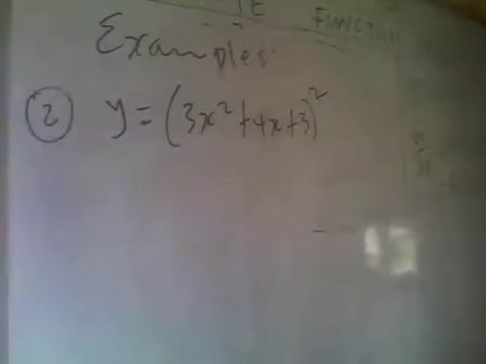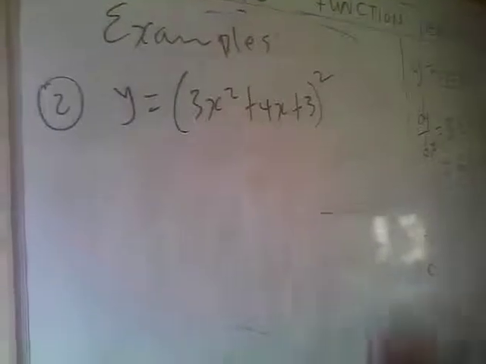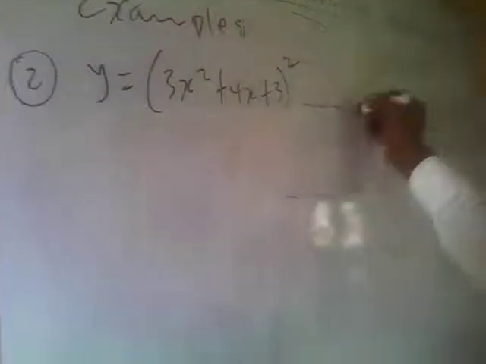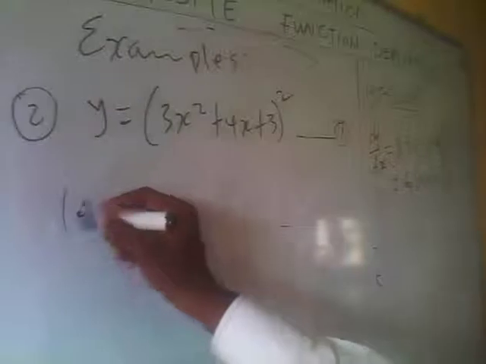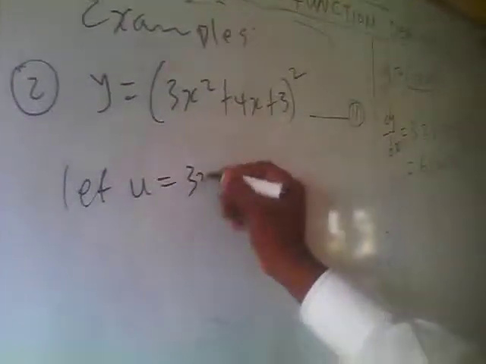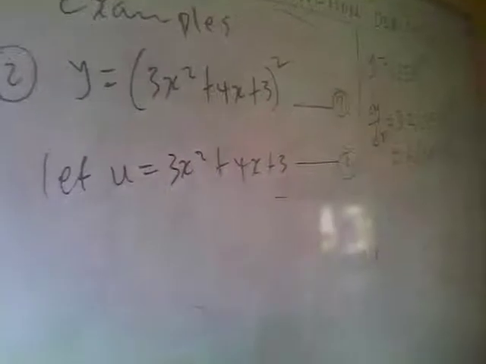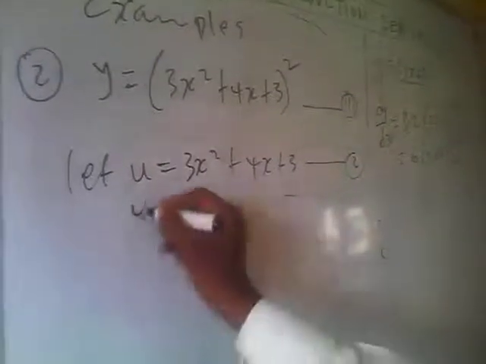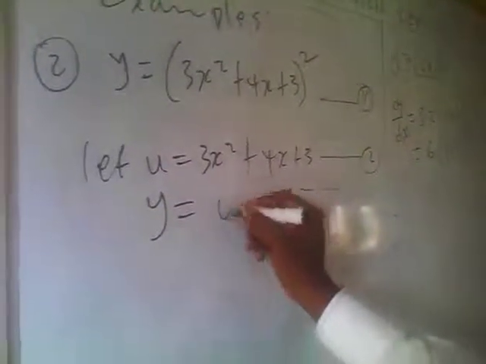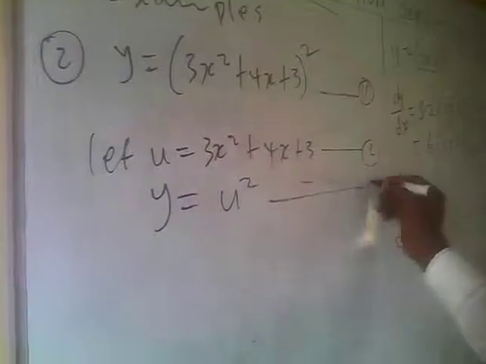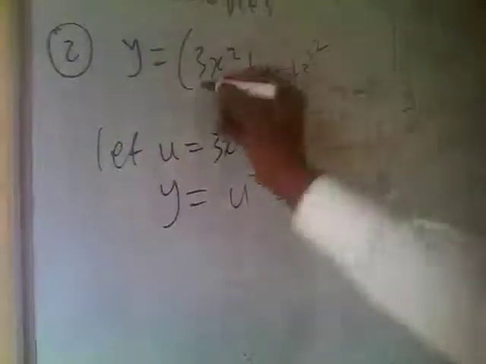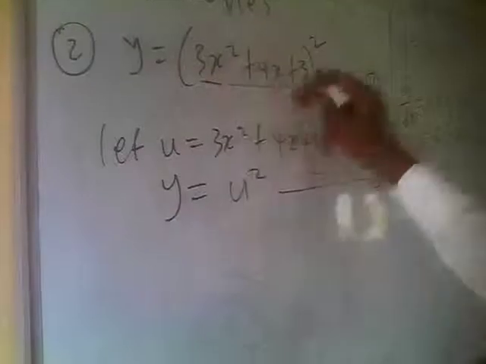At this level, we can use the traditional, conservative method. This is equation 1. Let u be equal to 3x squared + 4x + 3. That gives us the second equation. That automatically gives y as u squared. If we relate equation 2 and equation 1, y will now be u squared.